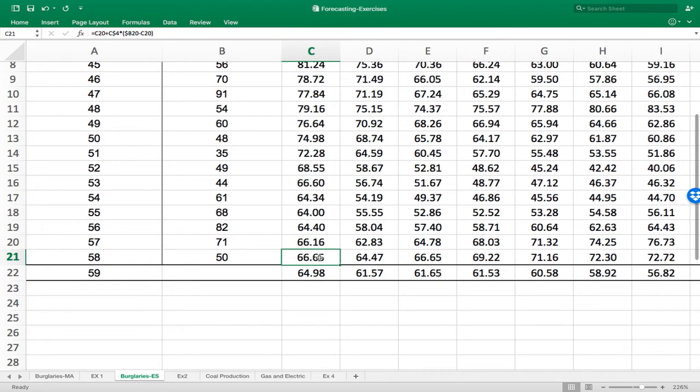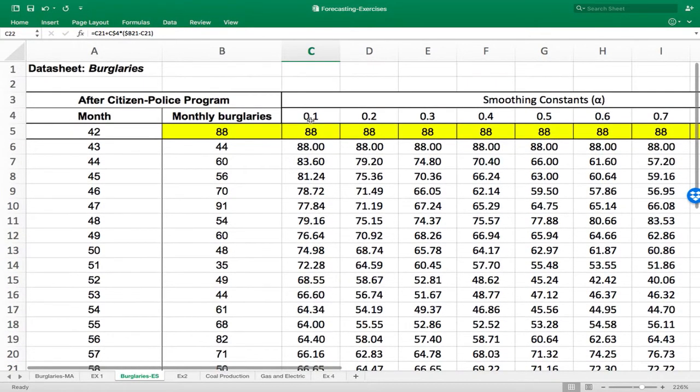I didn't stop there because now I also had new data, which is 50 here. From this point forward I have no data points, and I still have to update this forecast value. So at the end of this data, my forecast for the future is exactly 64.98 if you are using this smoothing constant, which is 0.1.